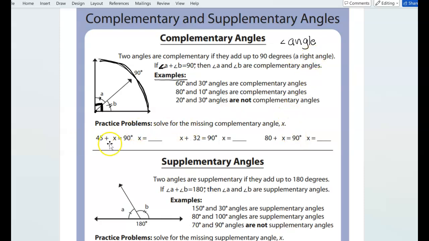So 45 degrees plus x equals 90 degrees. We're solving for x. Yes, we are. So what is the opposite of positive? Well, it's negative. Still doing our equations like we were before. What we do to one side of the equal sign, we do to the other.